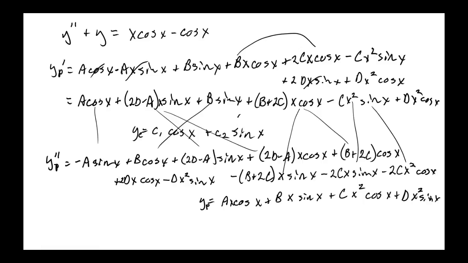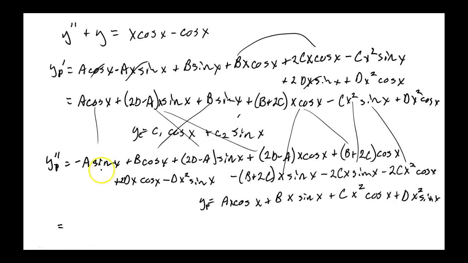Now let's go back and isolate just the simplest terms we can. Sine x. You have a minus a here and a 2d minus a there, and those are only sine x terms. So that's going to be 2d minus 2a sine x.